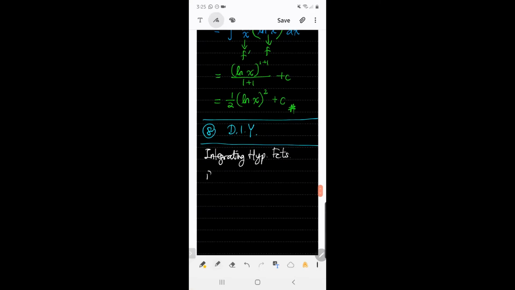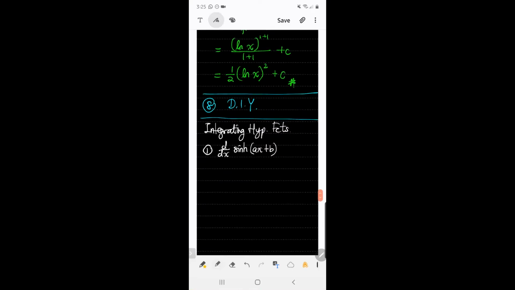Now, the first one. Suppose that I ask you to differentiate the function sinh of ax plus b. By looking at the differentiation using the chain rule, when I differentiate sinh, I'm going to get cosh of the bracket.